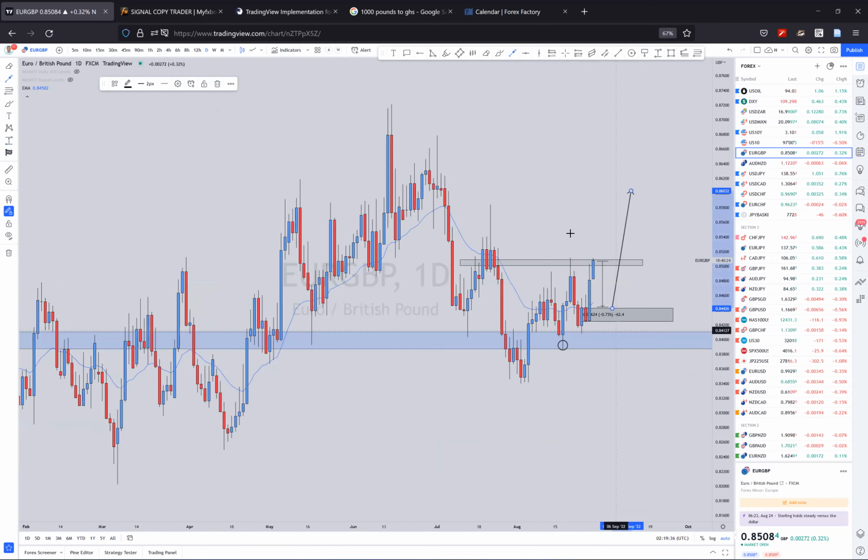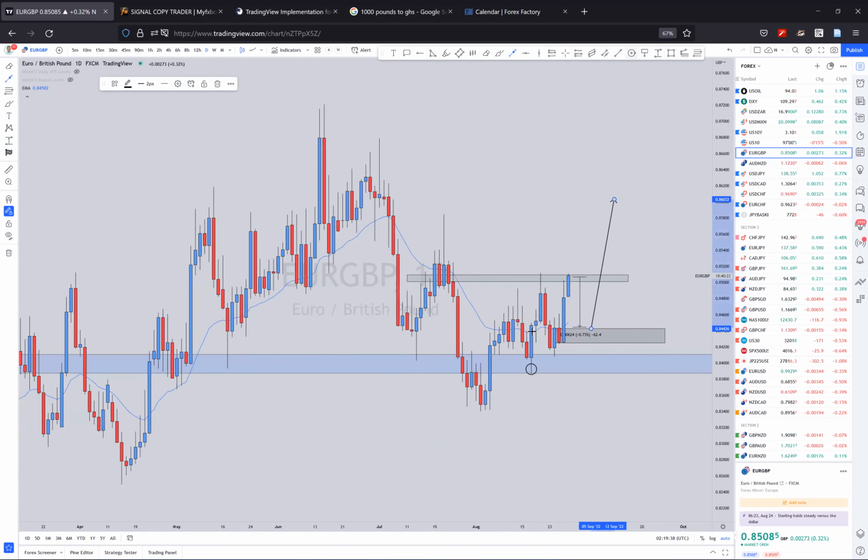So if you look at it on the daily time frame, you see we have a head and shoulders pattern. 1, 2, and then 3. So we see a very small pullback, which is not really small. It's about 70 pips drop from the current level here.